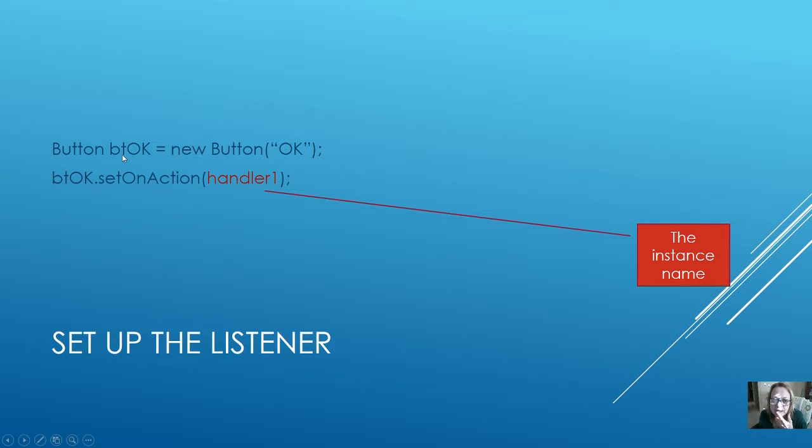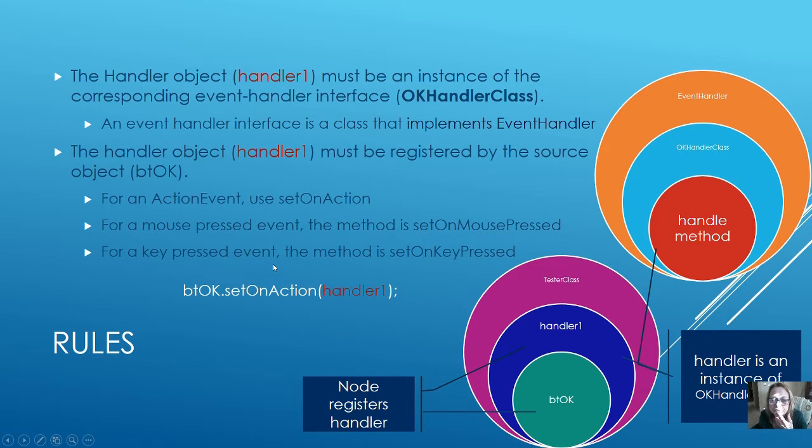I've created an instance of a button, and I'm going to use the setOnAction method associated with a button object to say that the handler for what should happen when there's an action is named handler1. All of those pieces fit together to tie my event handler, OKHandlerClass and its handle method, to my tester class. In my tester class, I've created an instance of this OKHandlerClass, and then I have a button that registers that handler as its handler using its setOnAction method.